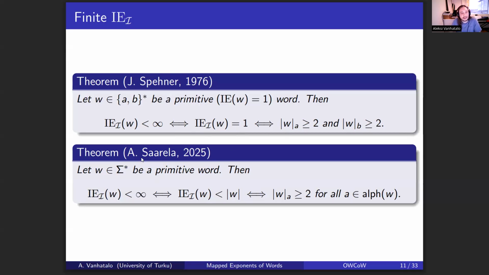Sarah showed that if we have any primitive word where every letter occurs at least twice, then the mapped integer exponent is finite. And then it actually has this nice upper bound: the length of the word. Obviously, this statement is much bigger than the binary case statement, so we are working on the middle part here.